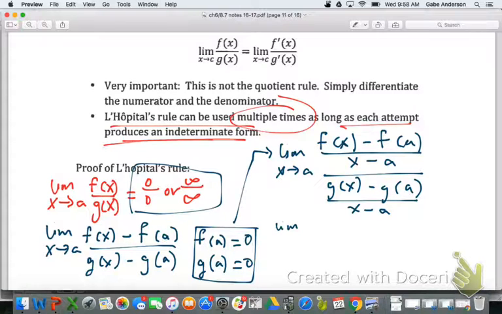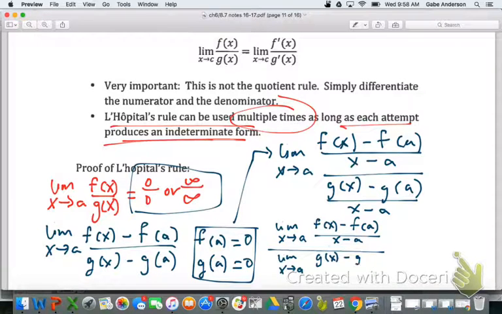Limit as x approaches a of the top, so it would be f of x minus f of a over x minus a, all over the limit as x goes to a of g of x minus g of a over x minus a. And believe it or not, we're about to finish this.